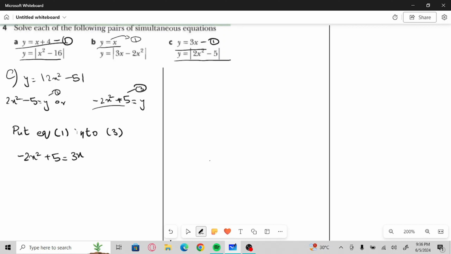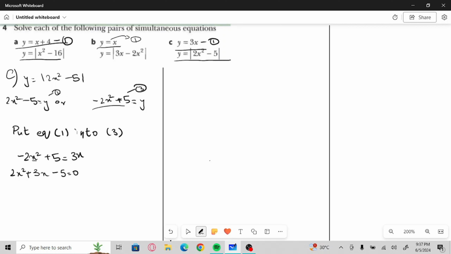Okay, and what we are going to do is simplify 2x squared. I told you why negative 2x squared: the x squared coefficient should always be positive no matter what. You have to change the whole equation, just make the coefficient of x squared a positive value. 2x squared plus 3x minus 5 is equal to 0.